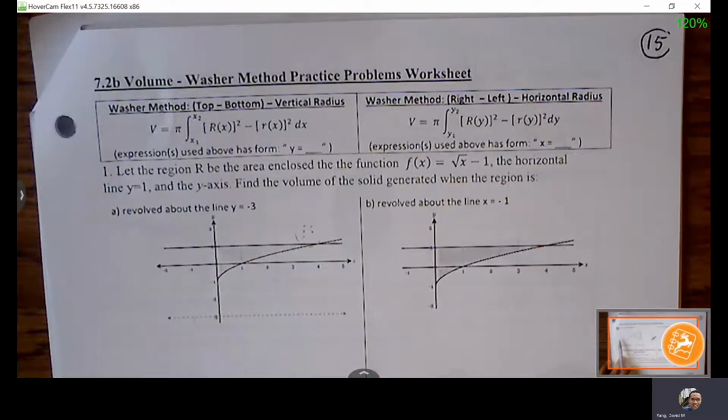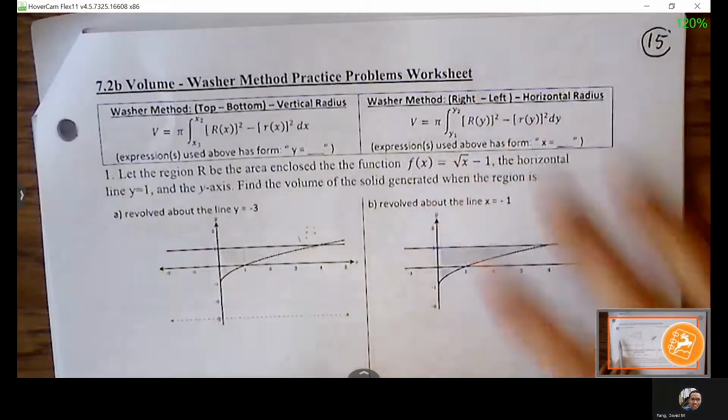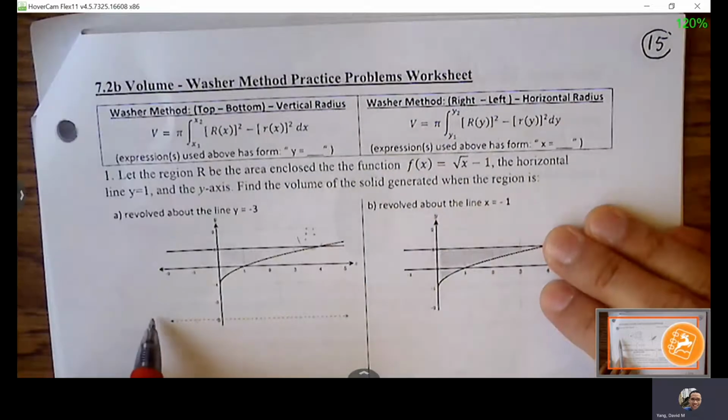Find the volume of the solid generated when the region is A, revolved about the line y equals -3. Kind of drawn for us already, right?